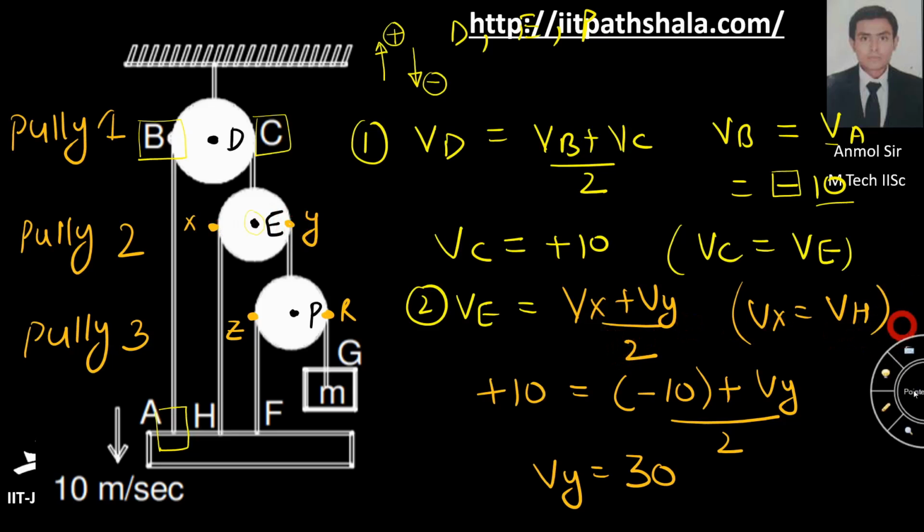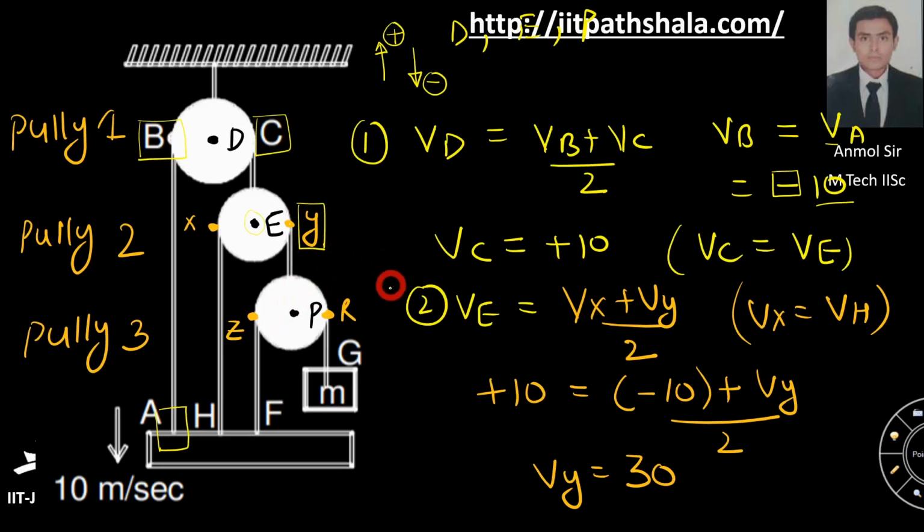You know that point X and point H are on the same line, so both have the same velocity, and point H has the same velocity as this block, which is 10 in the downward direction. So it has a downward velocity of 10. Putting all these values in the expression, I can figure out the velocity of point Y.